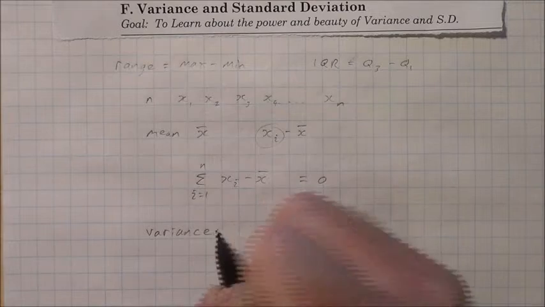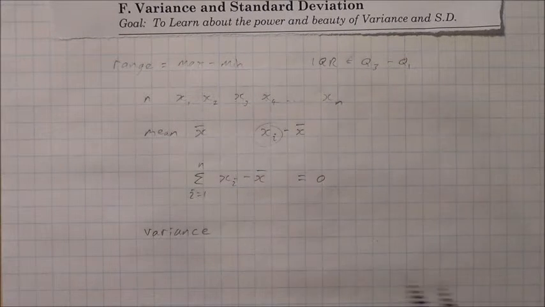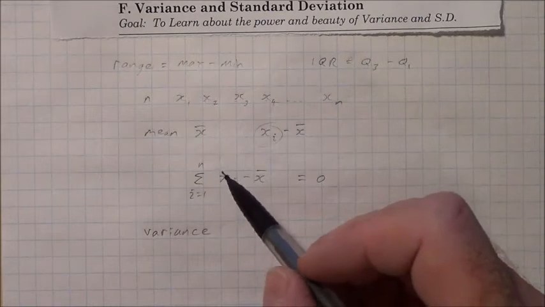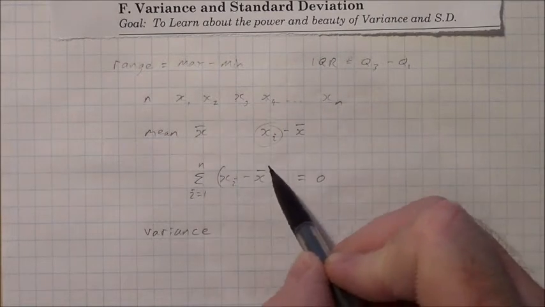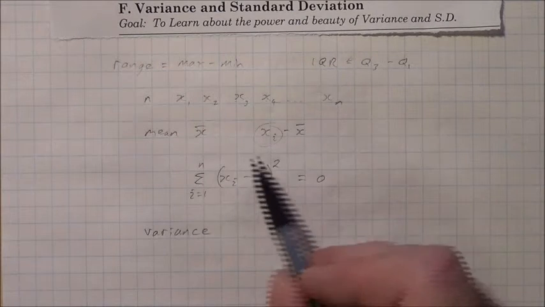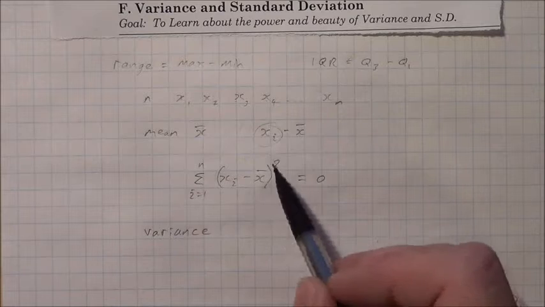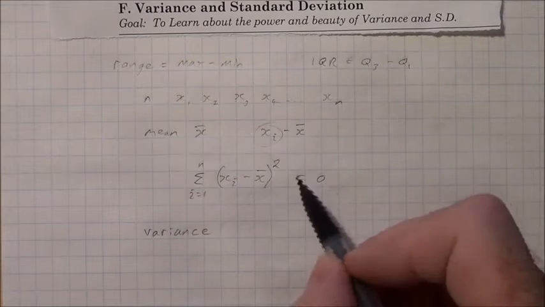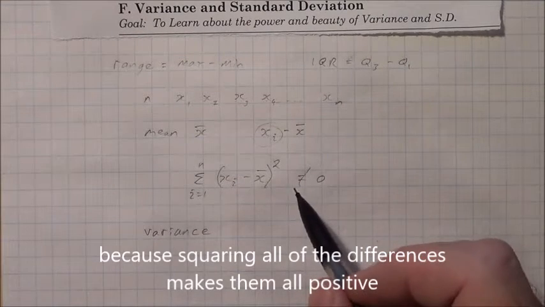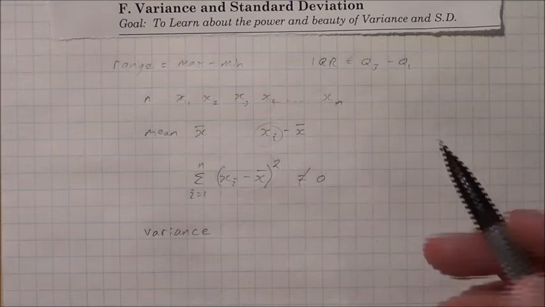There's a calculation called the variance. To calculate the variance, we take this deviation part and square it. If we square how far each value deviates from the mean, then it would not equal 0, so we get a final value.